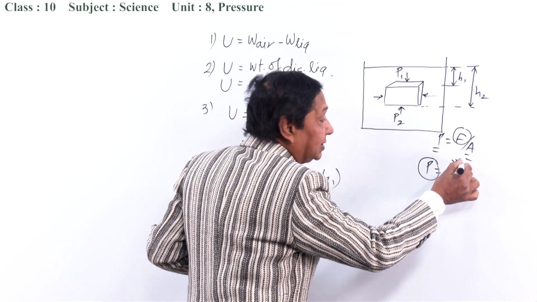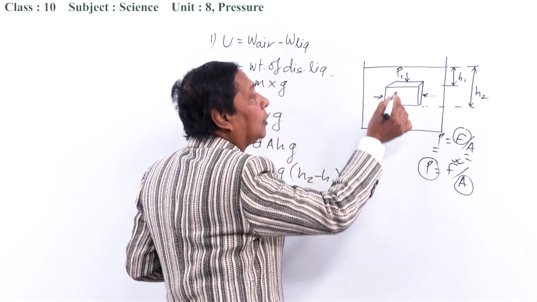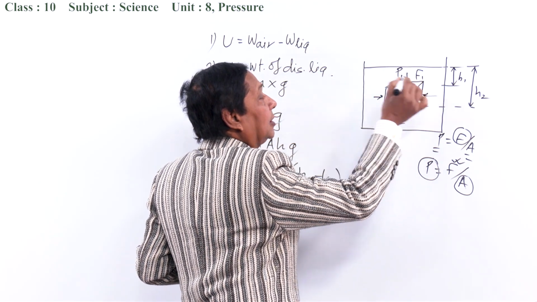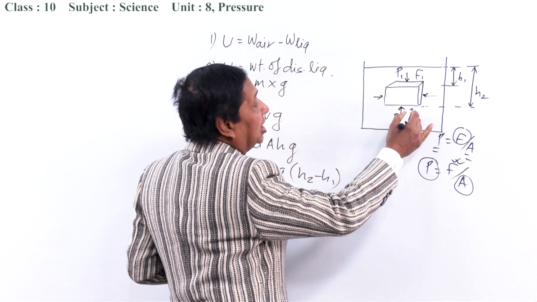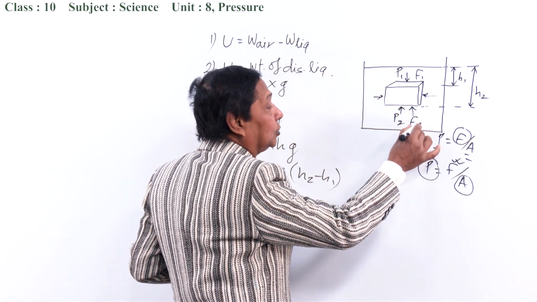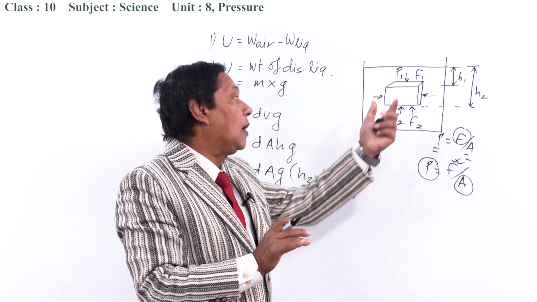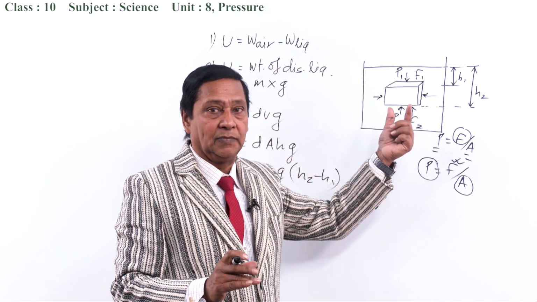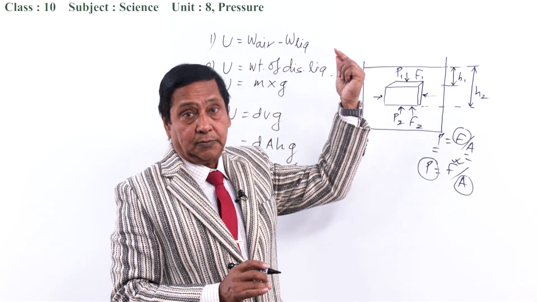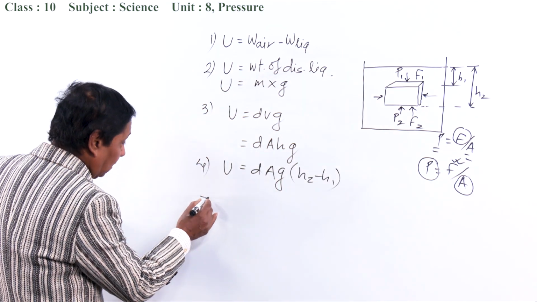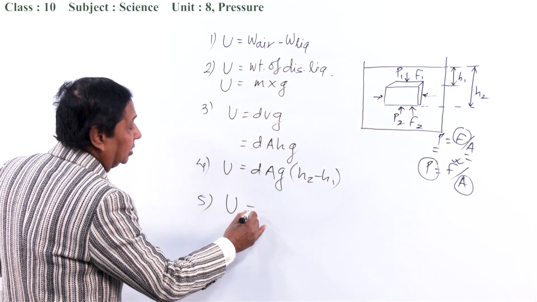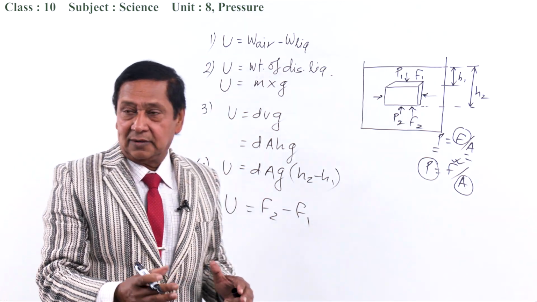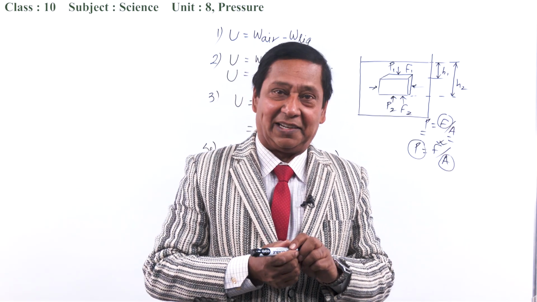Because the force acting on the lower surface is more than the force acting on the upper surface. If the force on the upper surface is F1 and the force from the lower surface is F2, then the resultant of all these forces is F2 minus F1, and it acts in the vertically upward direction. That's why we can use another equation also: thrust is equal to F2 minus F1. These are the equations which we can use to solve the numerical problem.